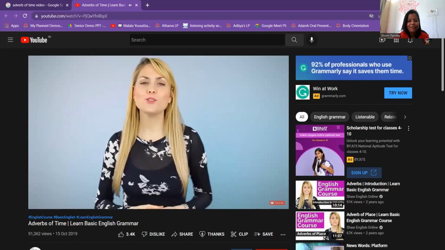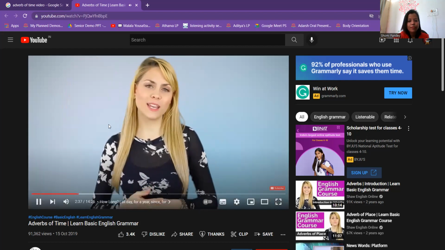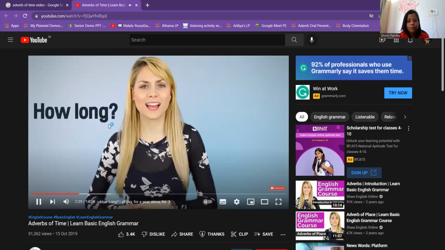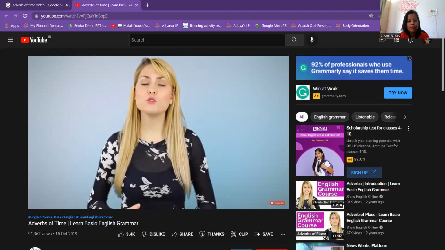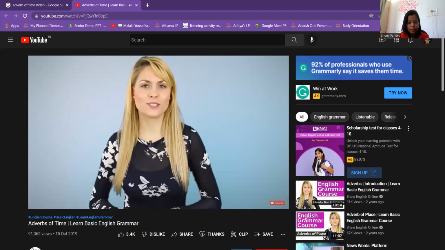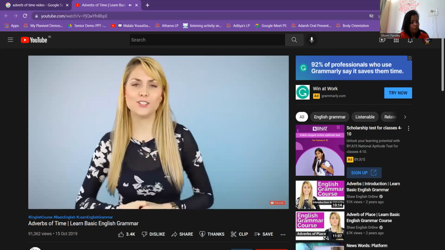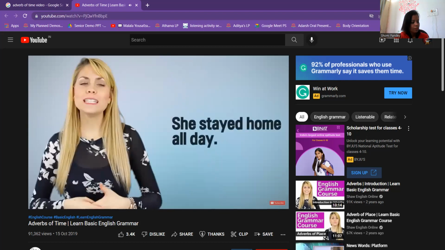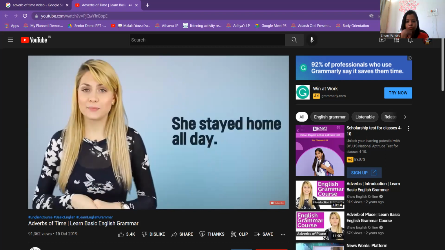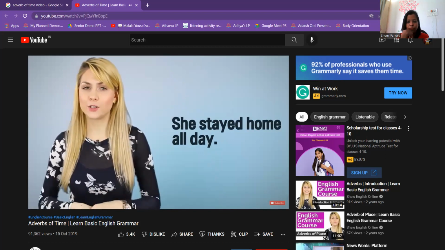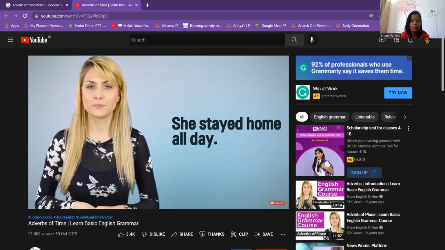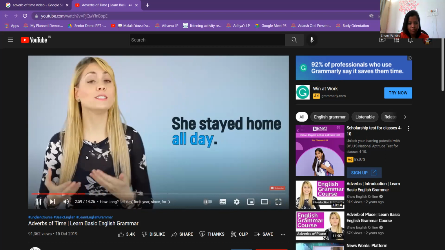Let's now move on to example sentences showing us how long something happened. These adverbs are also usually placed at the end of the sentence. But let's have a look. She stayed home all day. Which part of this sentence is an adverb? Can you see it? Of course, all day.